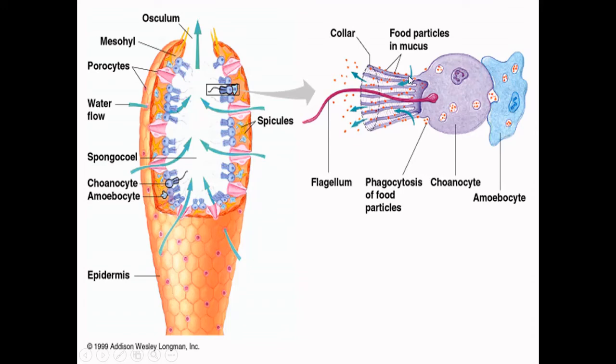Then later on, this will be moved going toward the body of the choanocytes and they do the phagocytosis, engulfing the captured particulate, then passing it through the amoebocytes by exocytosis.